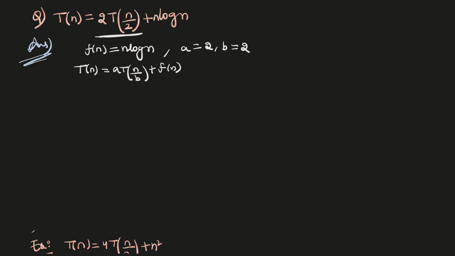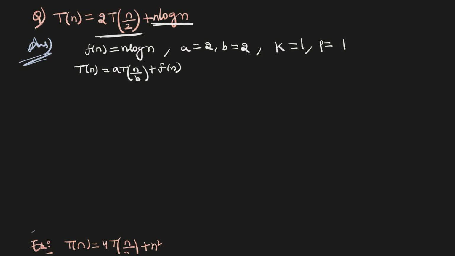Now what do we need to get more? The value of k, which is the power of n in terms of f of n, that is 1. The value of p is also equal to 1.